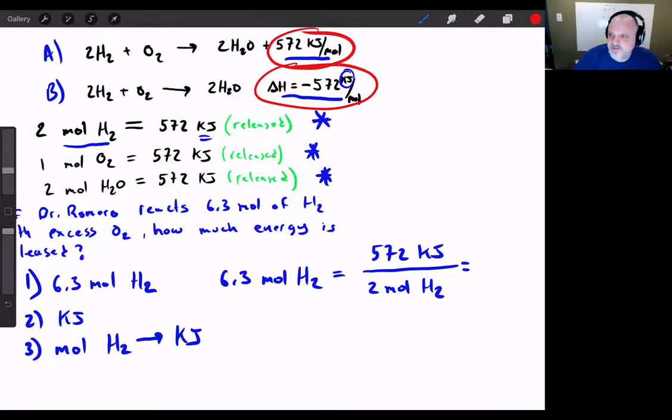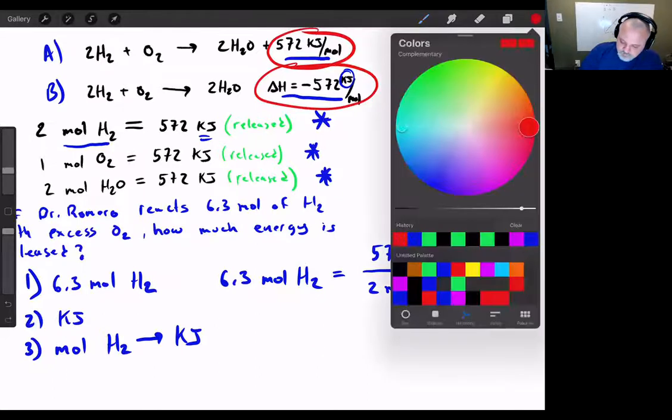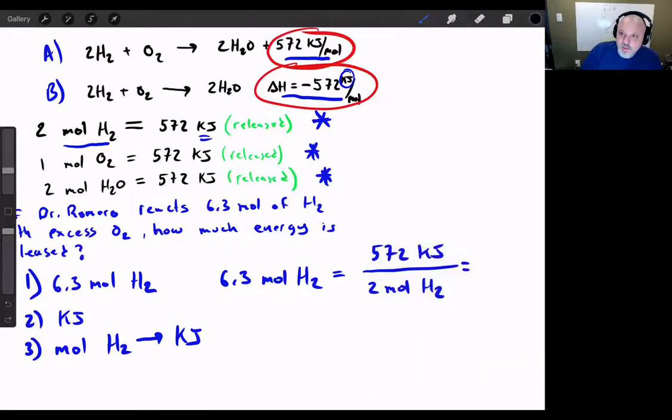And so when I do this, get out my calculator and do this math, 6.3 divided by 2 times 572, I get 1,800 kilojoules.